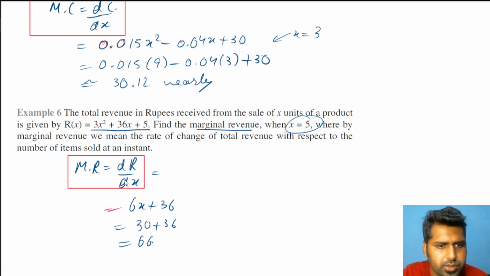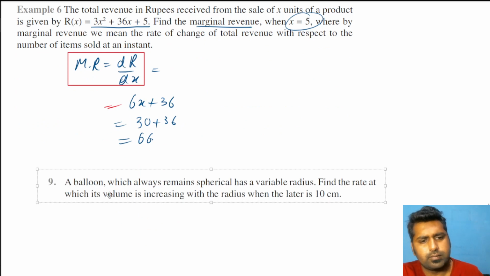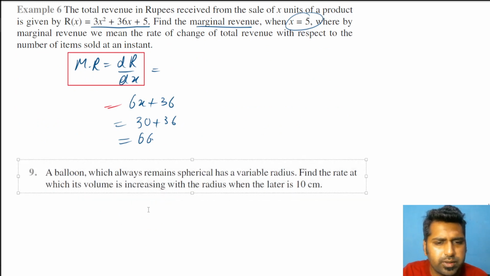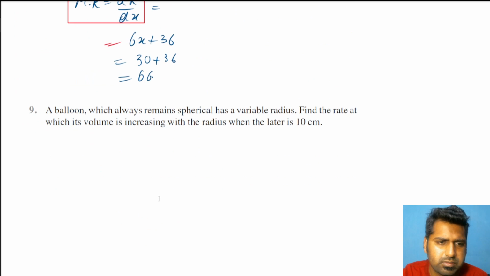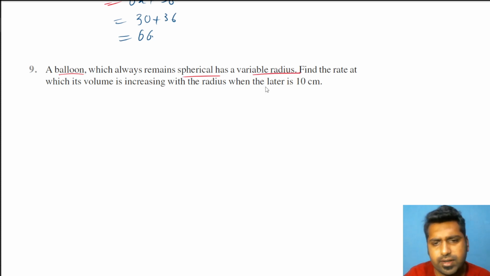Let's look at a question. So a question can be presented to you in a practical sort of way. So the question is saying a balloon which always remains spherical has variable radius. Okay, this one is pretty simple as such.